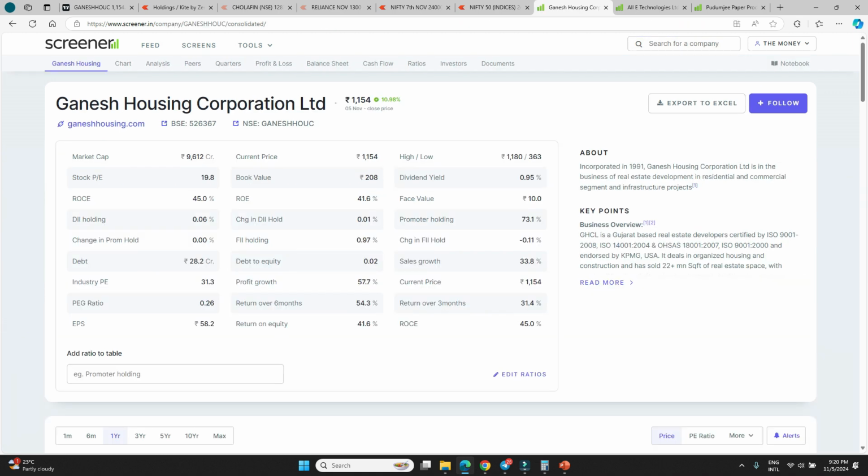Ganesh Housing Corporation is the company I selected, and now I want to do further study. I got the stock from my system where it has momentum. My system gives a number of stocks, but from them I want to select particular ones. So for entering this stock, whether it is expensive or good to enter, I want to see all the details.